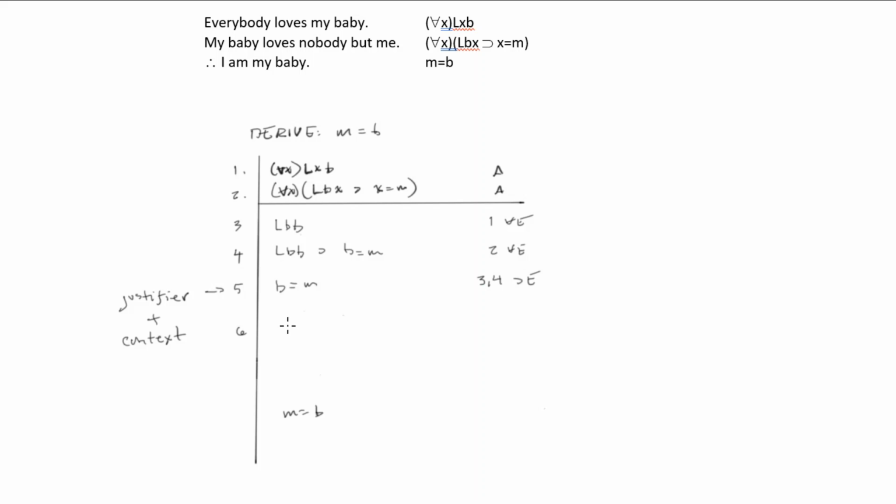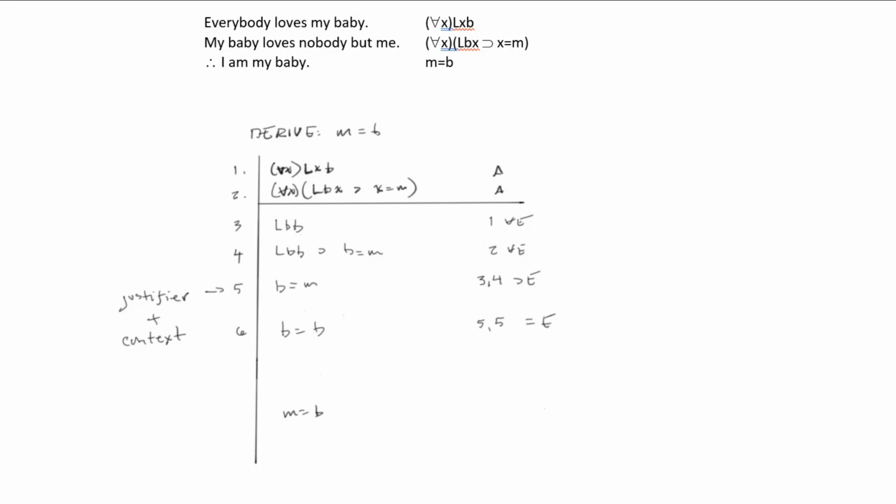So once again, we could get M equals M from line 5 or B equals B. I'm going to write down B equals B on line 6, and that's from line 5 and line 5, identity elimination. Remember, identity elimination takes 2 line numbers as input. One of those has to be the identity justifying substitution. The other one has to be the context for substitution. In this case, line 5 does both, so we're going to cite line 5 both times.